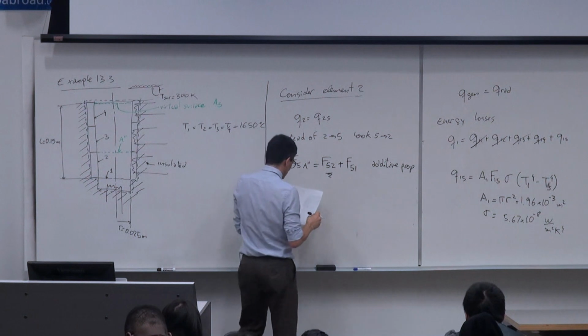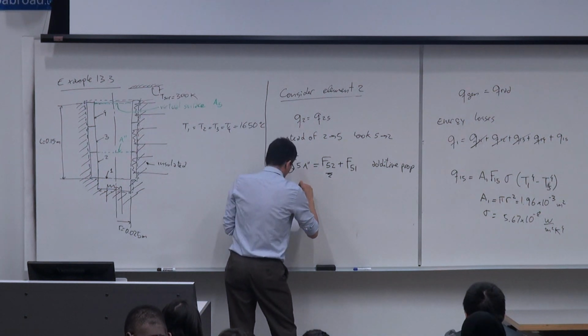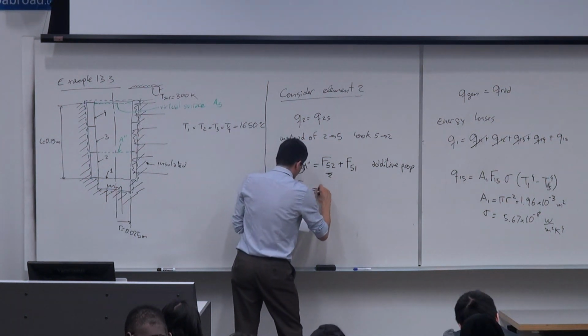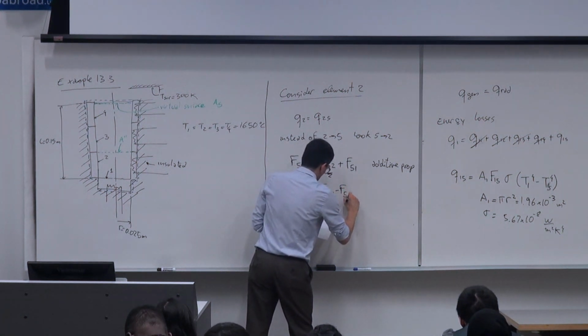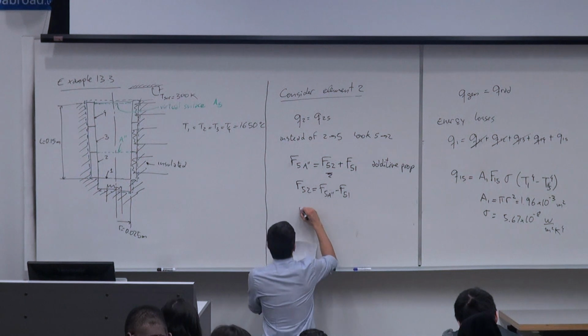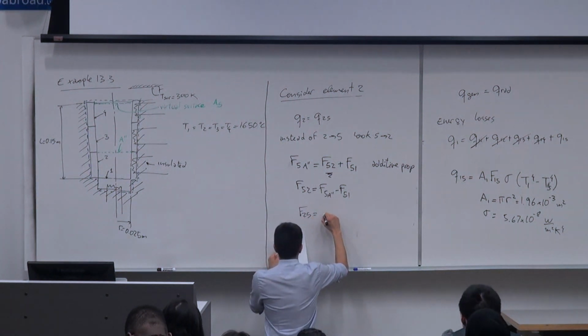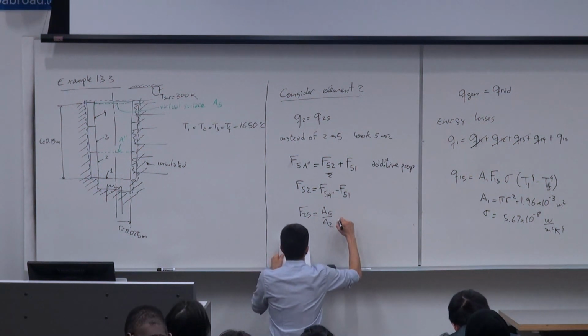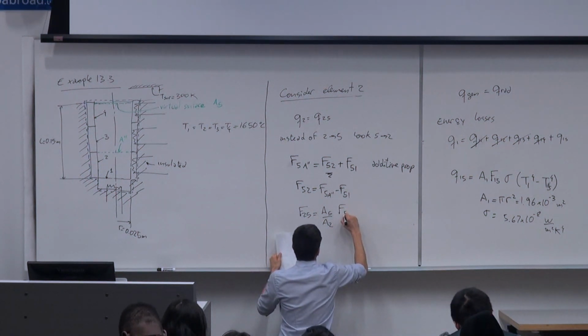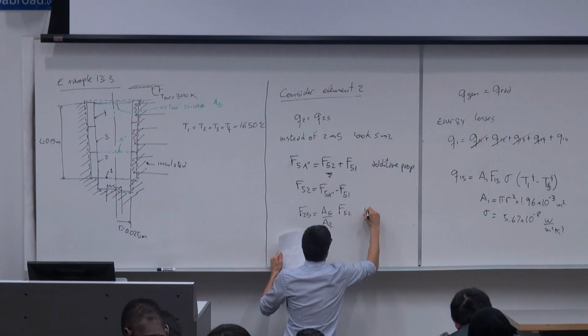Right, and so we could say F52 equals F5A double prime minus F51. And F25, that is the one we want, that is A5 over A2 times F52. This is reciprocity.